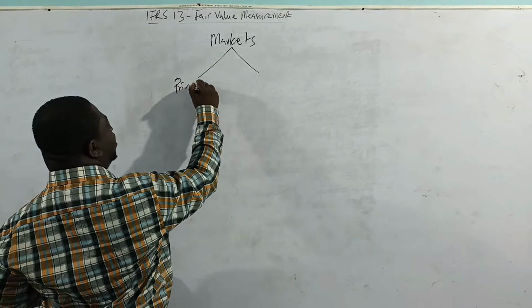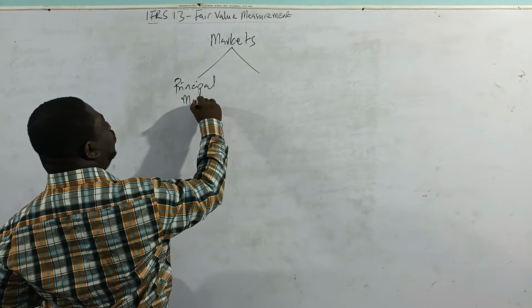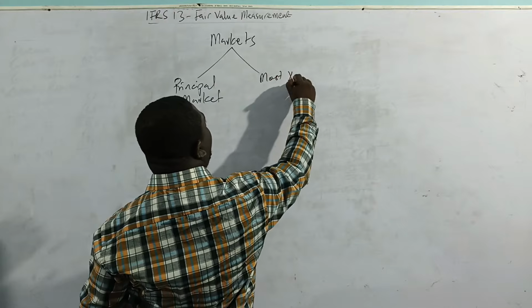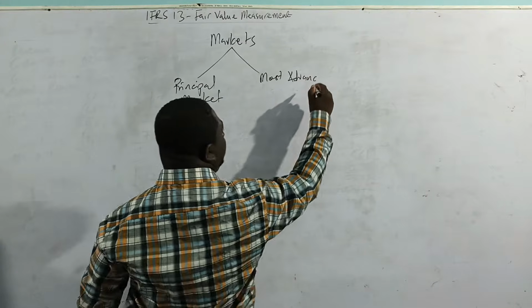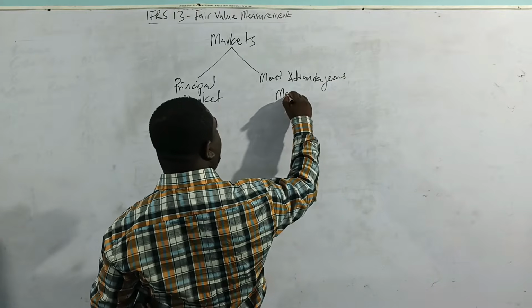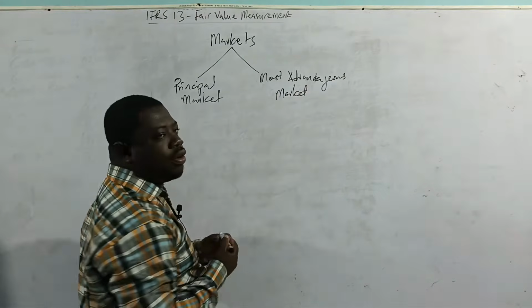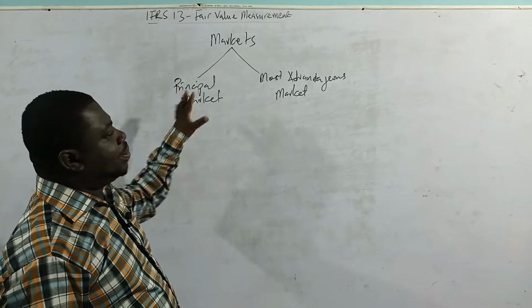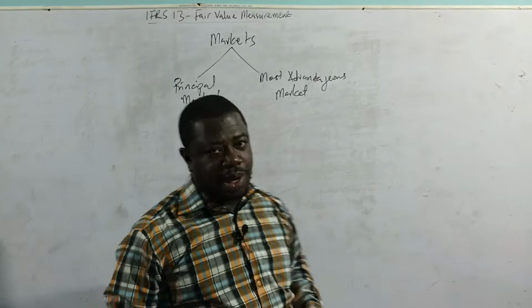We have the principal markets, and then we have the most advantageous markets. So, for fair value measurement, we have the principal market concept and we have the most advantageous market concept.